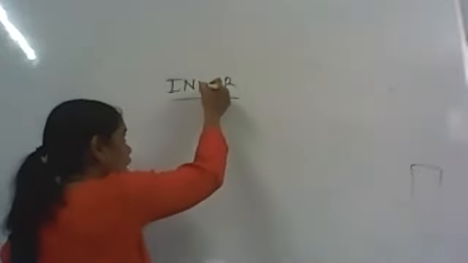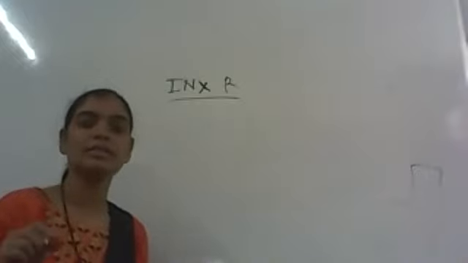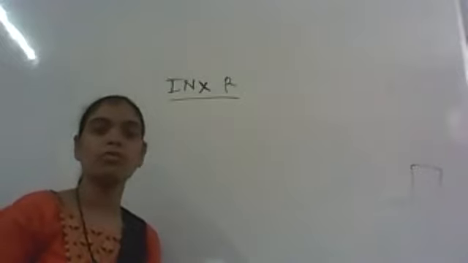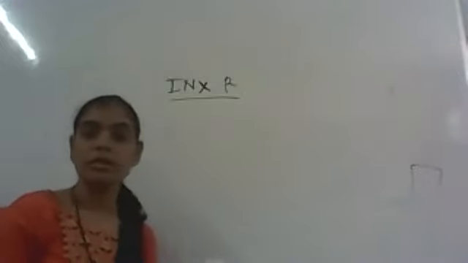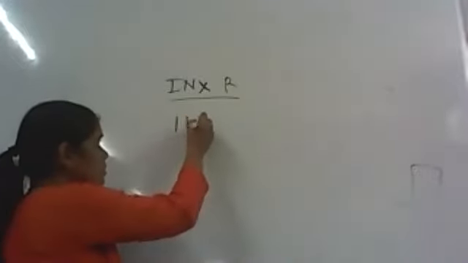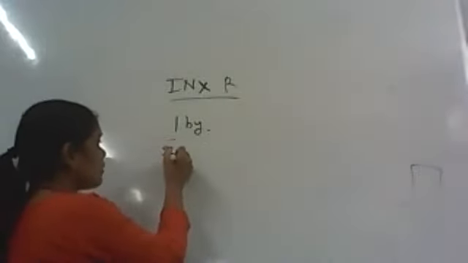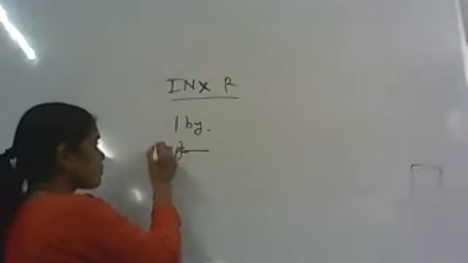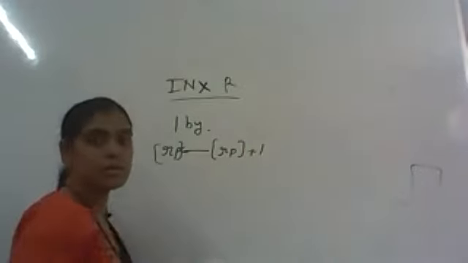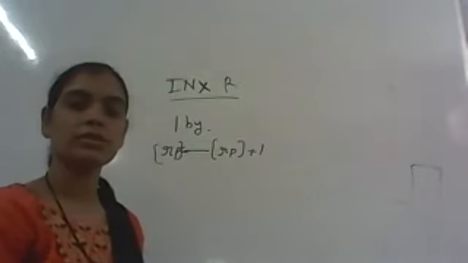We already saw that X means register pair here. The INX instruction increments the content of the register pair by 1, and the result is stored in the same place itself. This is a 1-byte instruction. The format is RP, register pair, plus 1.